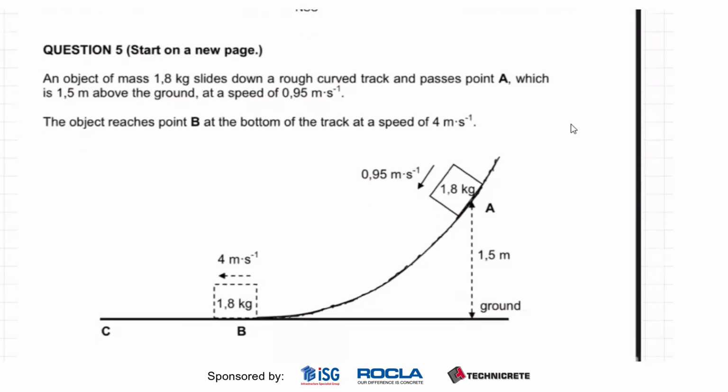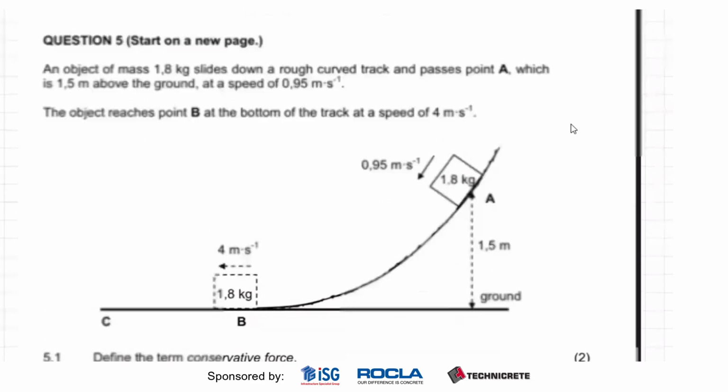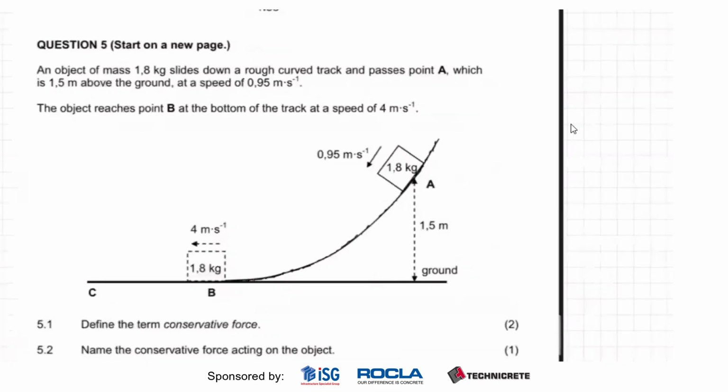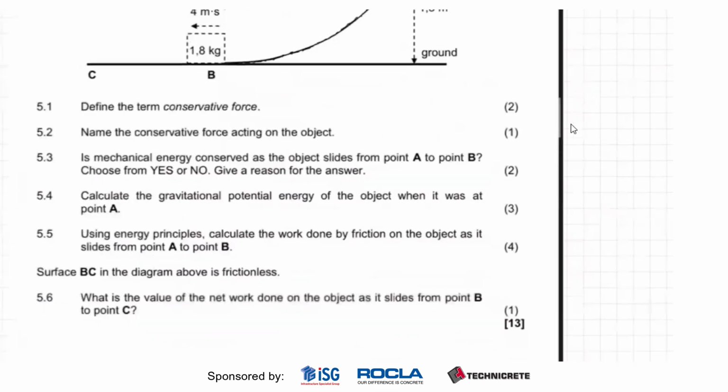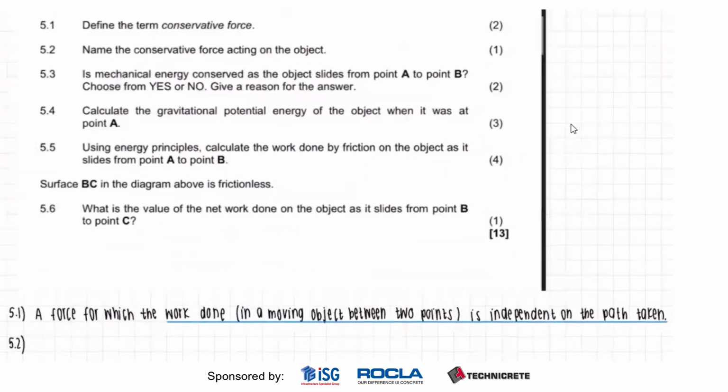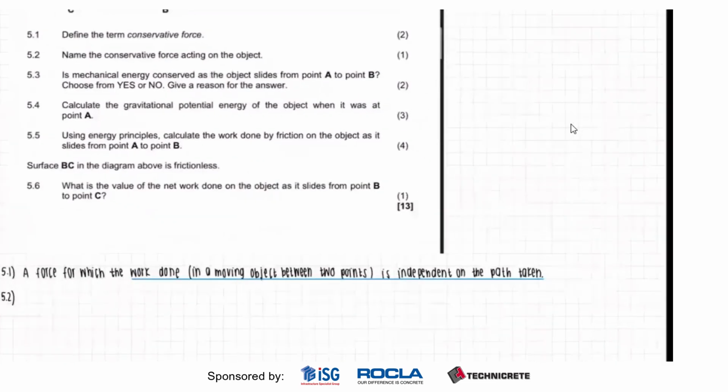If we look up at our questions, the first question asks us to define the term conservative force. So we have conservative forces and we have non-conservative forces. A conservative force is a force for which the work done in moving an object between 2 points is independent of the path taken.